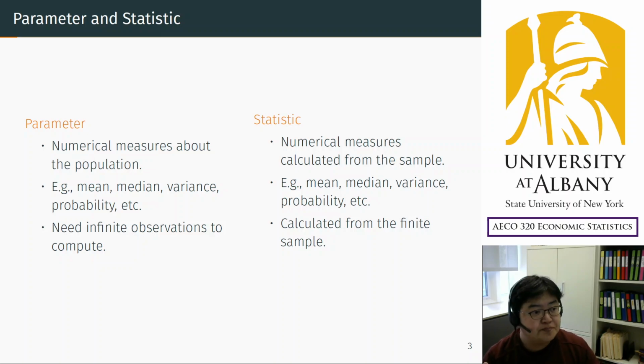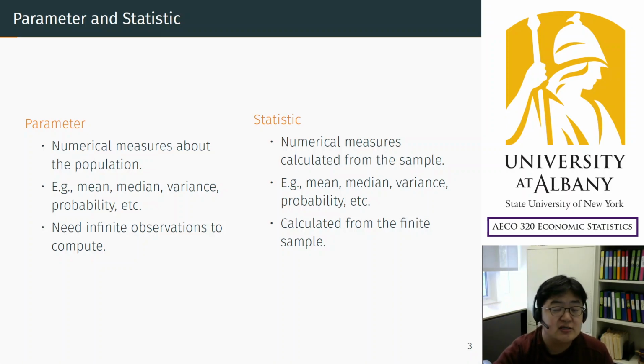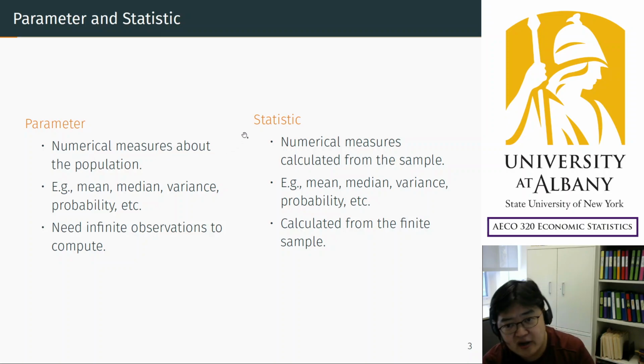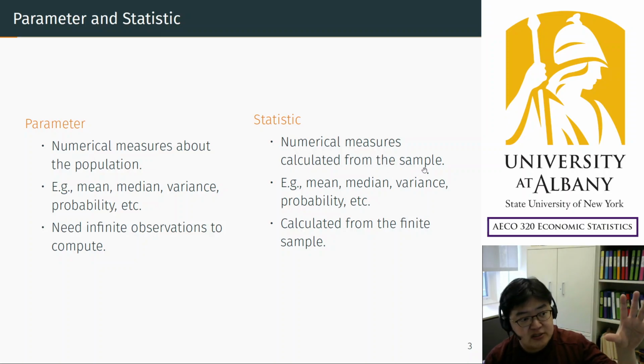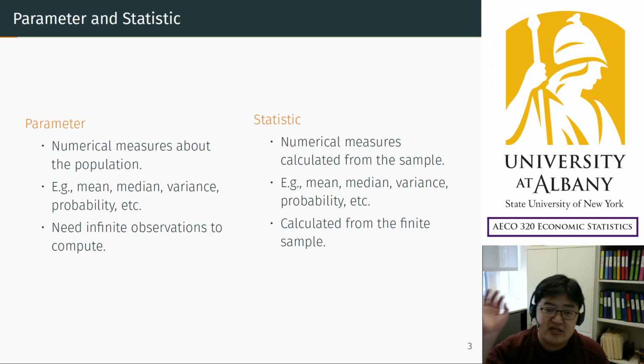But now it is the same term, used as opposed to the statistic. The parameter is a numerical measure about the population, and on the other hand, the statistic is a numerical measure calculated from the sample. If it is from the population, that's the parameter. If it's from the sample, then that's the statistic.